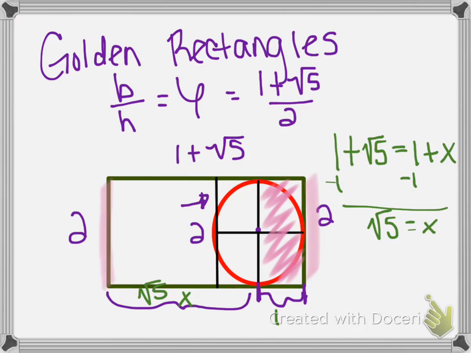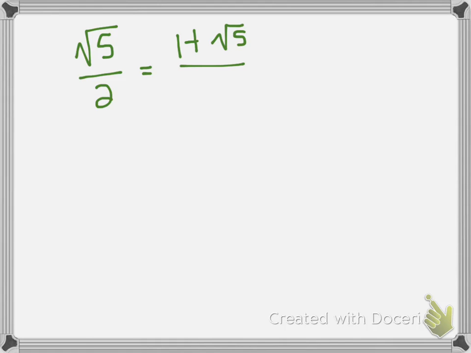Okay, so let's look at the other one. We have a 2 as one length and the square root of 5 as another. Again, our larger number is going to be our base, which in this case is the square root of 5, so we write the square root of 5 over a height of 2. Is this proportional to 1 plus the square root of 5 over 2? We cross multiply again: 2 square root of 5 equals 2 plus 2 square root of 5.